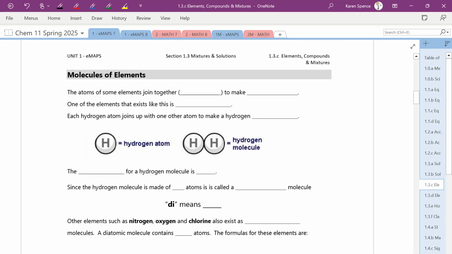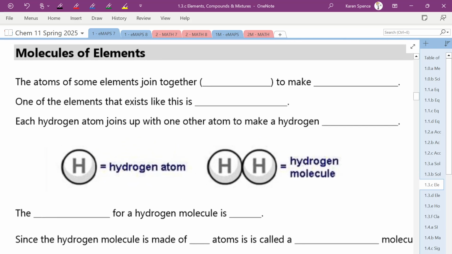Okay. Molecules of elements. Atoms of some elements join together. What do we call it when atoms join together? What do we call that force holding them together? That's a bond. Okay, so when they bond, some of them make molecules.